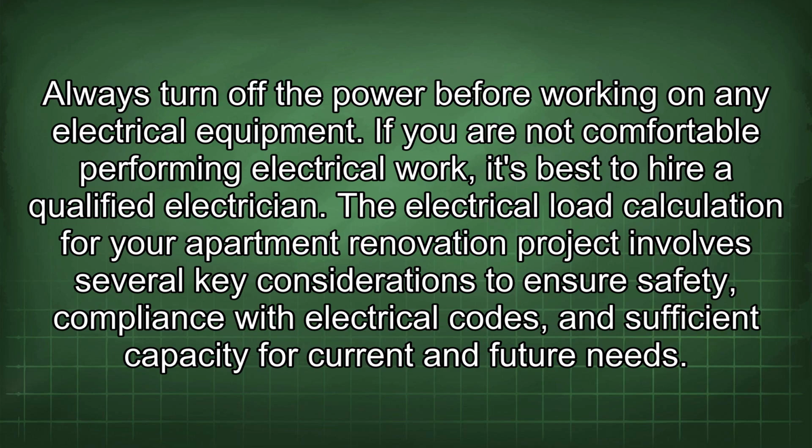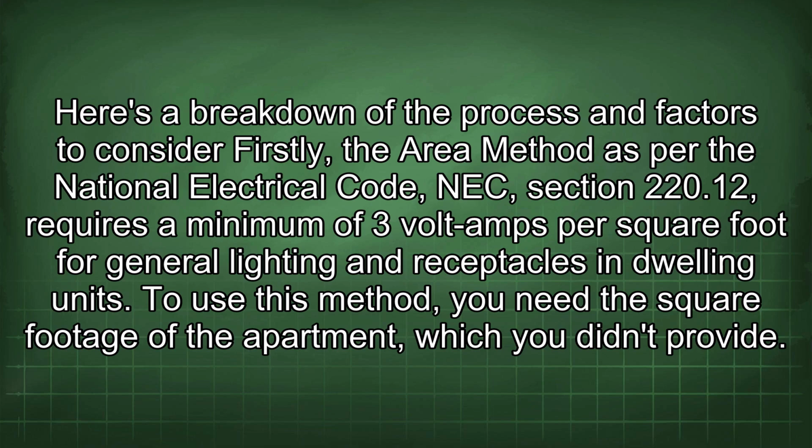The electrical load calculation for your apartment renovation project involves several key considerations to ensure safety, compliance with electrical codes, and sufficient capacity for current and future needs. Here's a breakdown of the process and factors to consider. Firstly, the area method as per the National Electrical Code, NEC, Section 220.12, requires a minimum of 3 volt-amps per square foot for general lighting and receptacles in dwelling units.